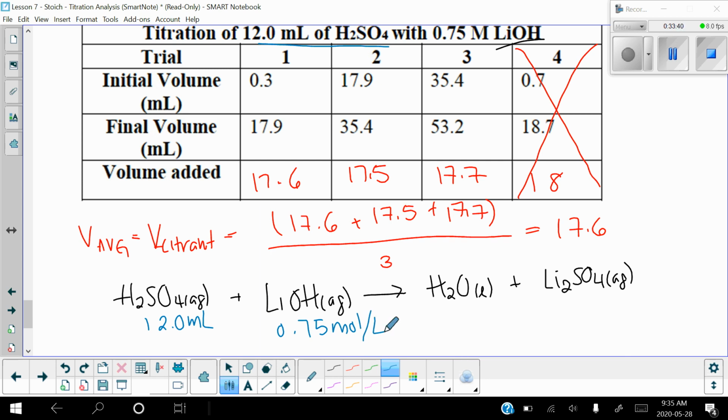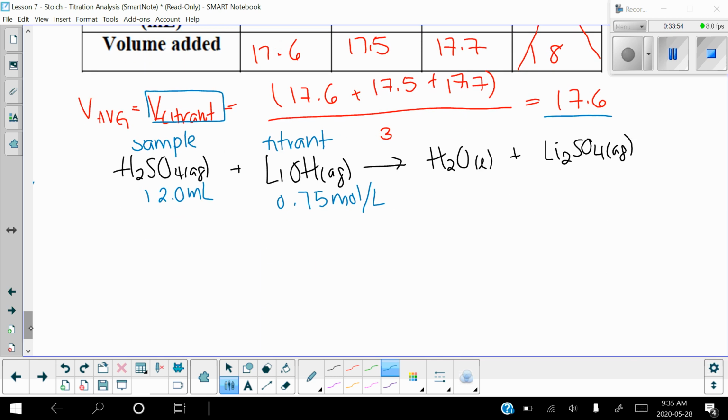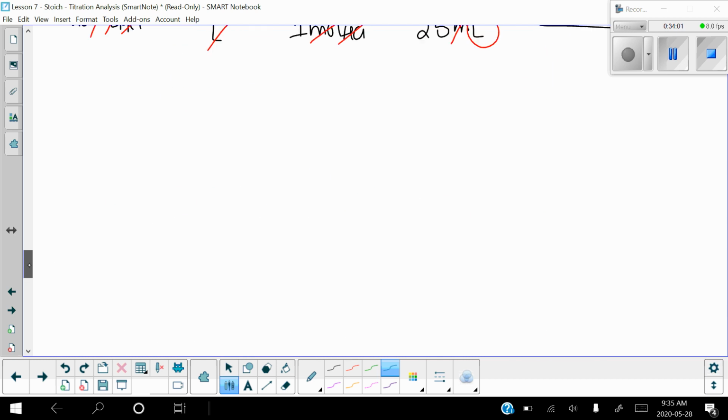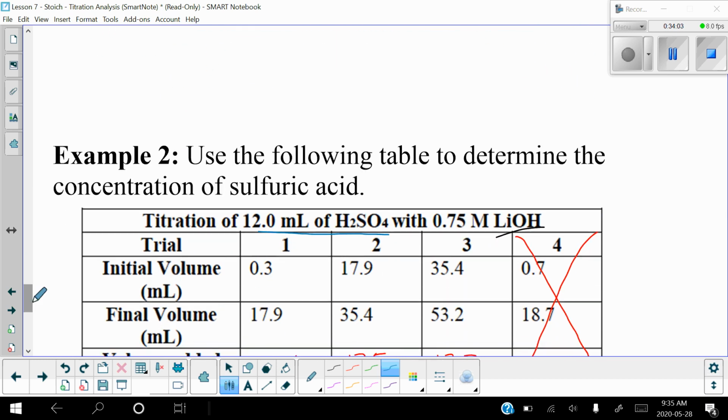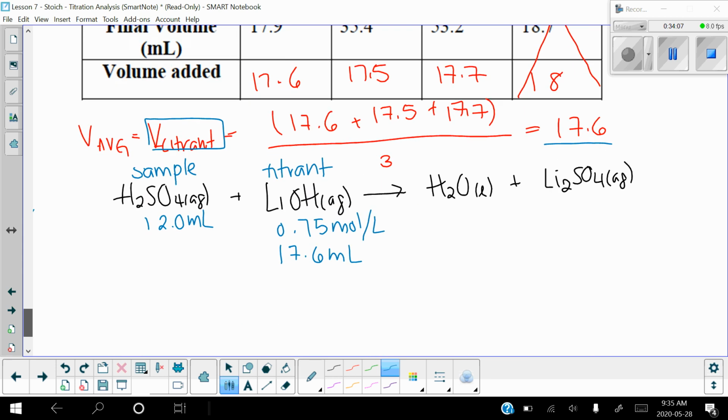So now, if I were to ask which one was my sample and titrant, this is my sample, this is my titrant. I can also add that my volume of titrant is 17.6 milliliters. Okay, and we are asked to determine the concentration of sulfuric acid.